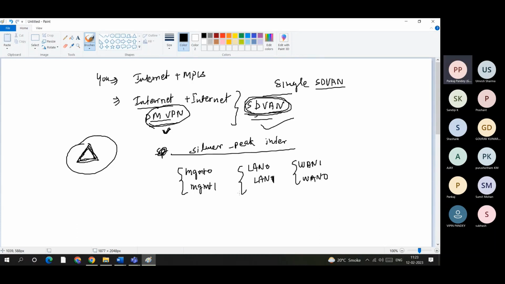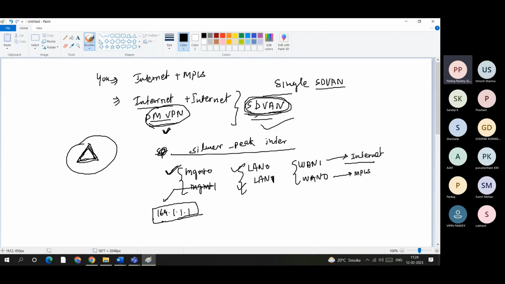We are not using this interface. I think it is hard coded with an IP like 169... 1.1.1, but I am not 100% sure what IP address is hard coded on this interface. We will use LAN 0, LAN 1, WAN 0. Normally WAN 0 is connected to MPLS and this will be connected to internet. Okay, this is the current situation.